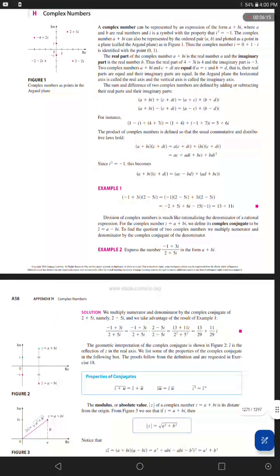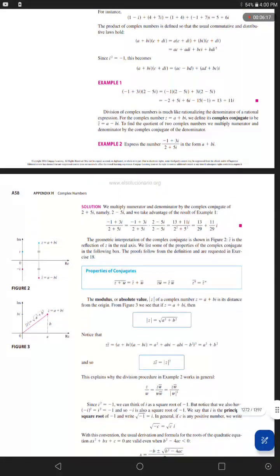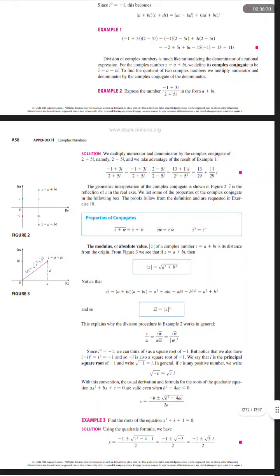Example 2. Express the number (-1 plus 3i) over (2 plus 5i) in the form a plus bi.